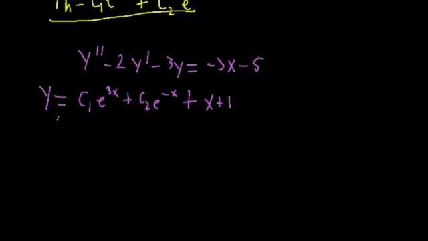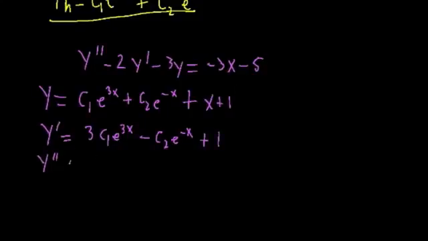Now let's go ahead and take the derivatives of these ahead of time. So y prime is equal to 3c1 e to the 3x minus c2 e to the negative x, and then plus 1. And the second derivative is just equal to 9c1 e to the 3x, then plus c2 e to the negative x, then plus 0.